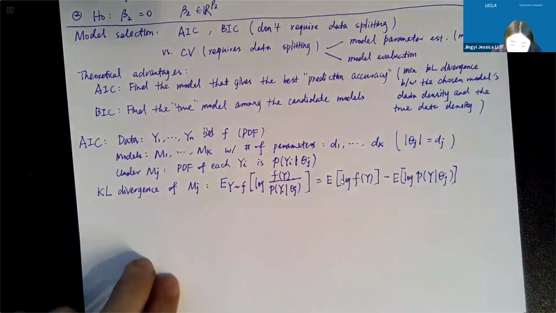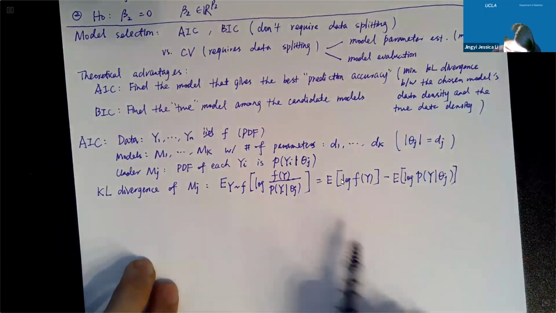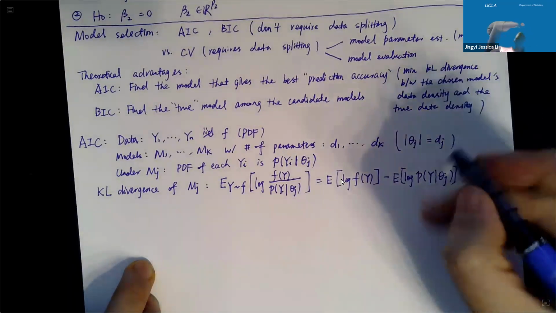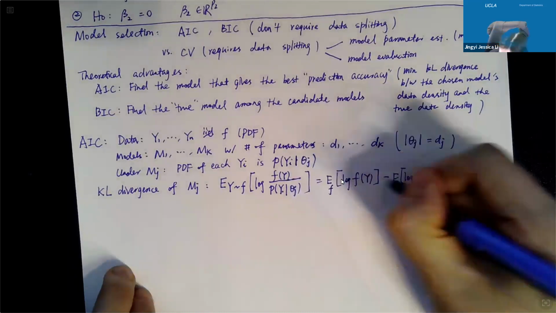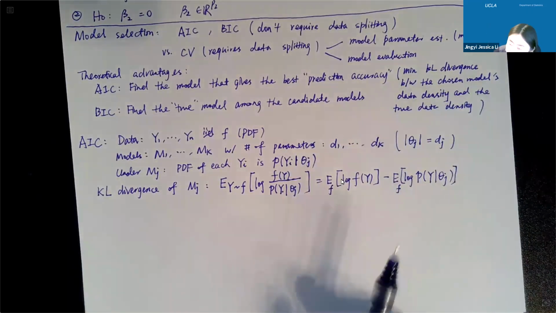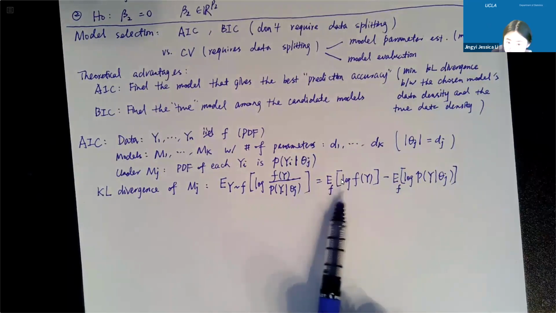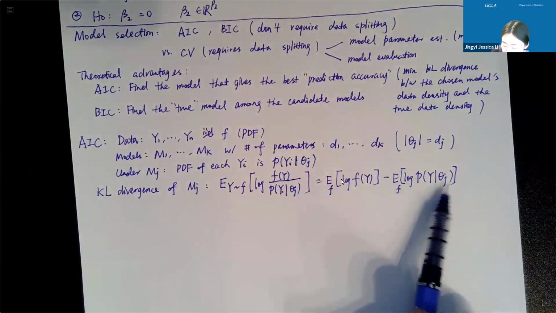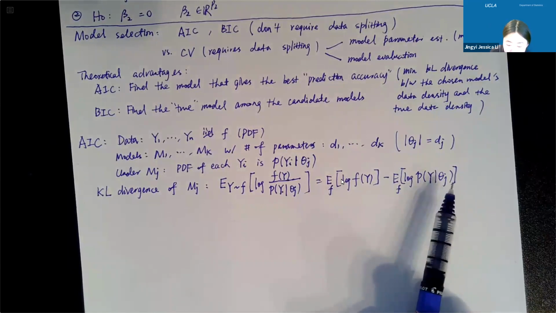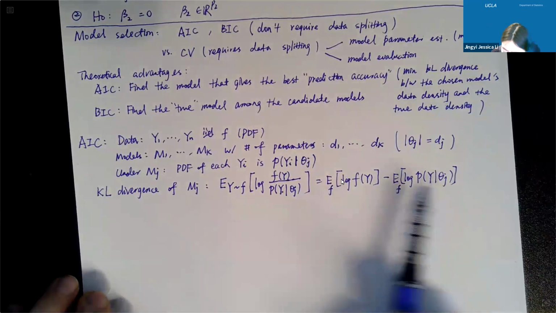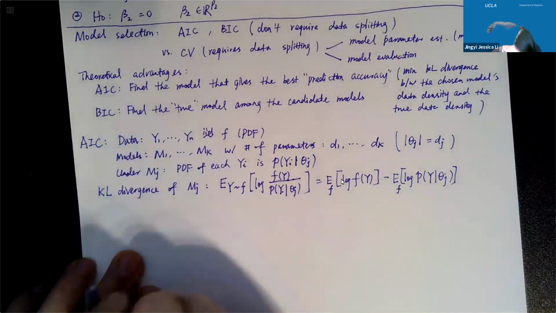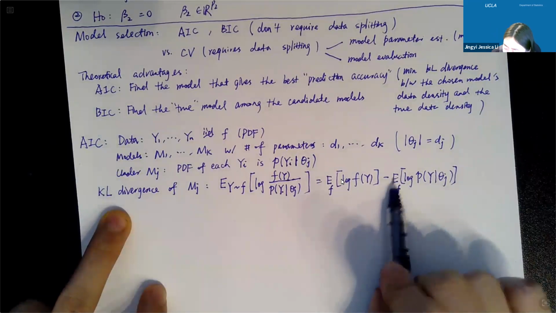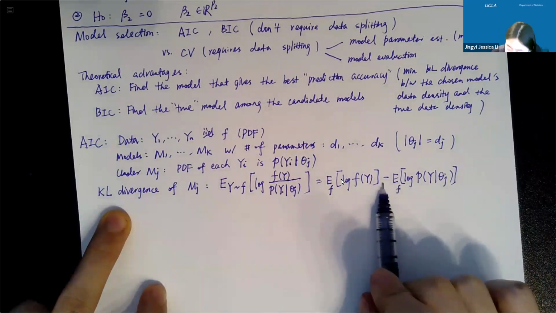Essentially, if we want to minimize this, just note that this expectation is also under F. Clearly, the first term has nothing to do with our model selection, but the second term does, because J is involved in the second term. So minimizing the KL divergence becomes equivalent to maximizing the second term without the negative sign.